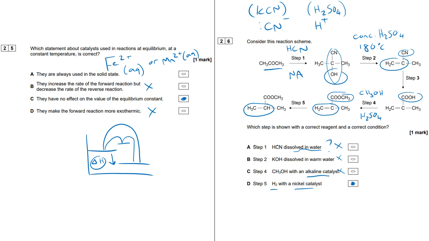If you just had HCN on its own, dissolved in warm water, it's a weak acid, so you'd have a very low concentration of H+ and CN-. So that wouldn't actually allow much of the reaction to occur. You get a very small proportion of the hydroxynitrile forming. So A was incorrect.